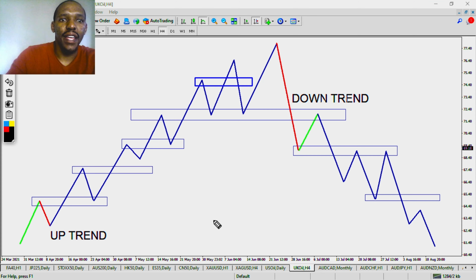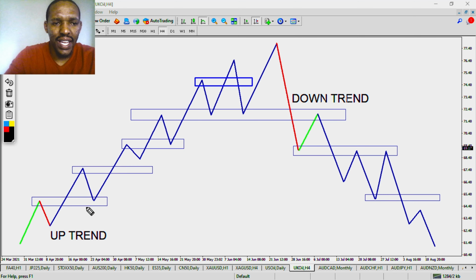Because remember, if it's in an uptrend, you have the market going up. But now, because it has to correct, it has to breathe, it forms these things called pullbacks. There's a lot of continuation patterns, but this is one of them that I wanted to touch on, pullbacks, 3 different types of them.